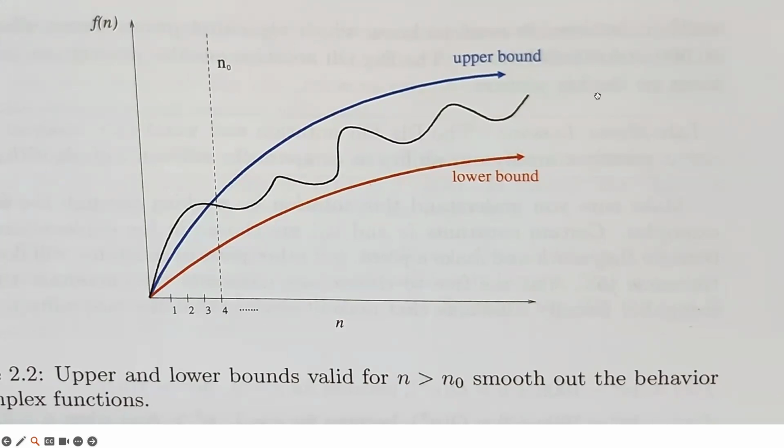So the idea is we will have these functions, but maybe the upper or lower bound property doesn't apply unless we're past some amount of n. We typically call this n naught, or n0 with 0 as the little subscript, which you can see right here. These upper and lower bounds are valid past this number n0. So we want to find some value for which the upper and lower bound applies.